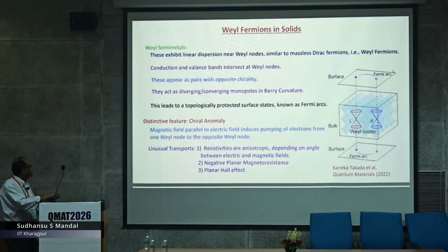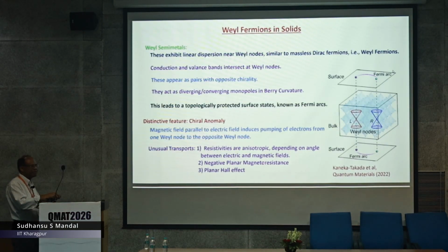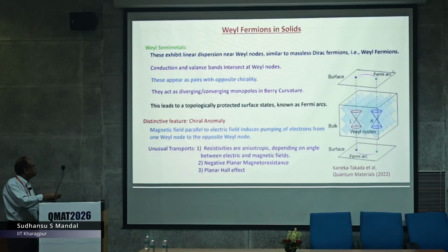One of these is that resistivities are anisotropic, in the angle between the electric and magnetic field. This is one property. The next is that one finds negative planar magnetoresistance, and the third is the planar Hall effect. These are the three features that one has observed in transport in Weyl semimetals.